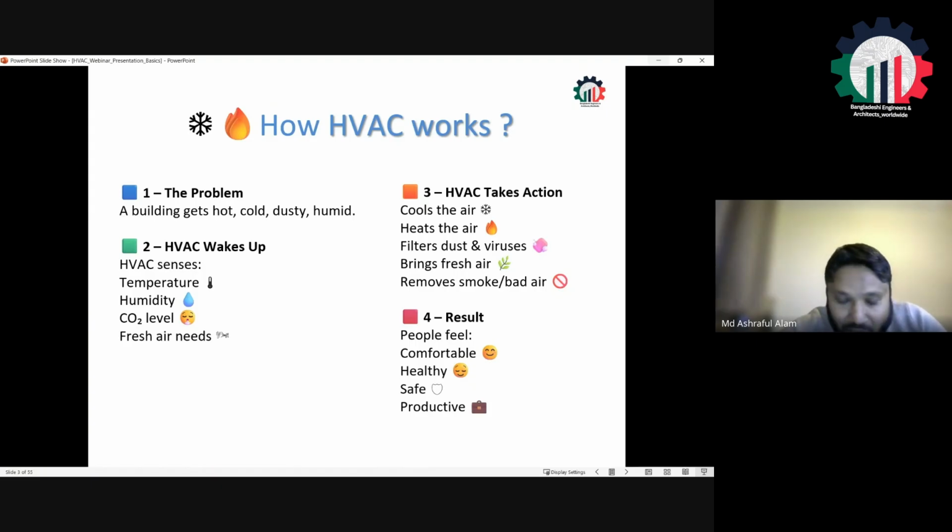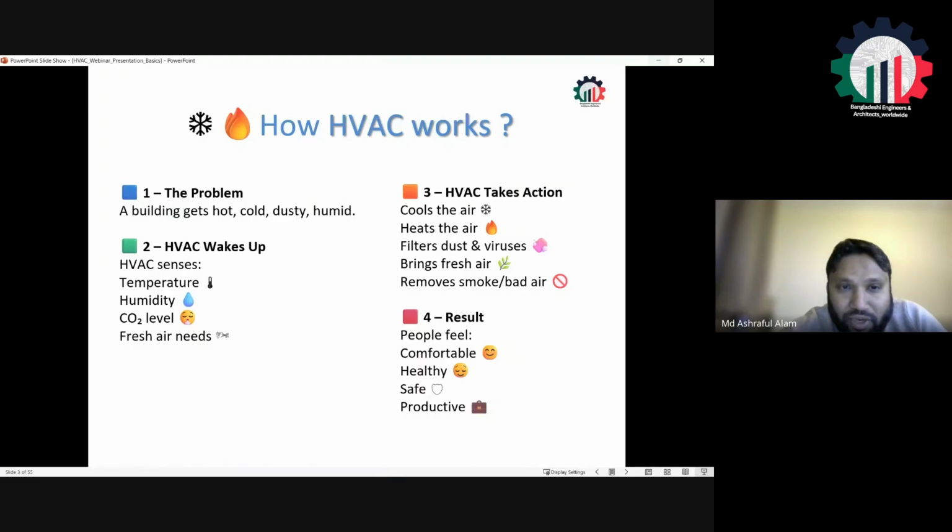Maybe the building or the room was not used for several hours or even several days. So when we enter for the first time, we may feel it is smelly, with some odors. That is why we need HVAC. So we go inside our building or house, and we switch on our HVAC system if the building has it.